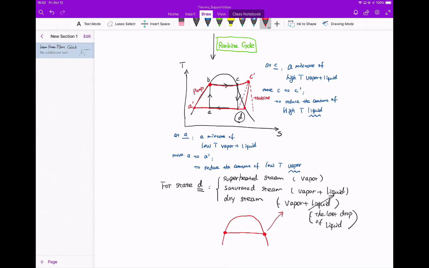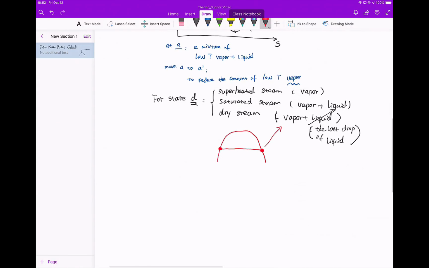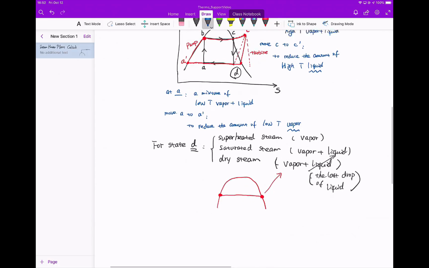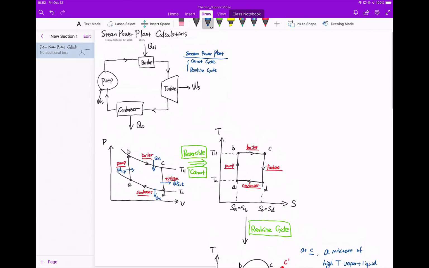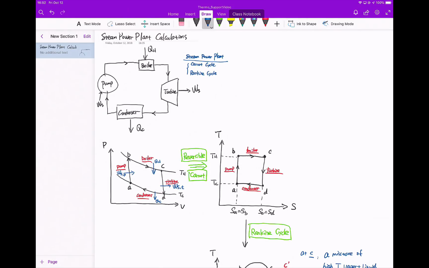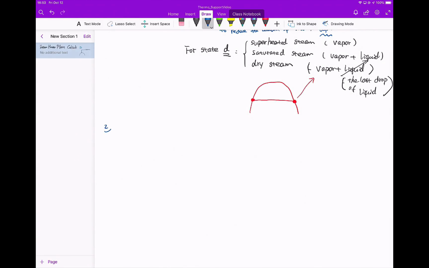So now you see that when we were talking about the calculations, let's call this 1, let's call this 2, calculations of pump and turbine.